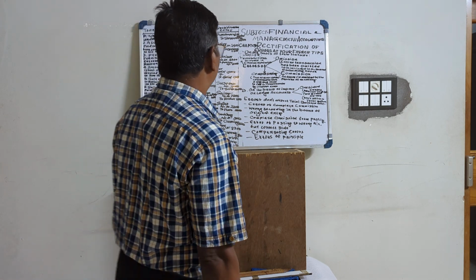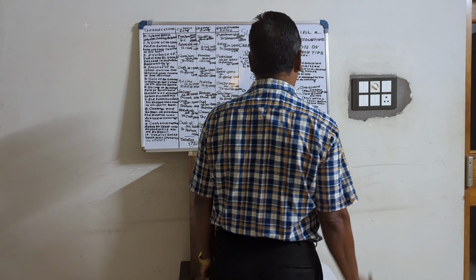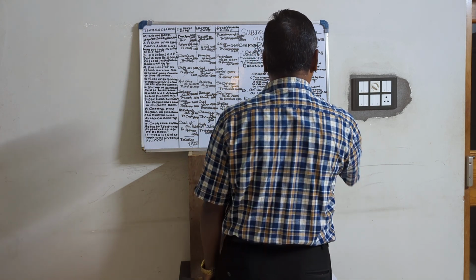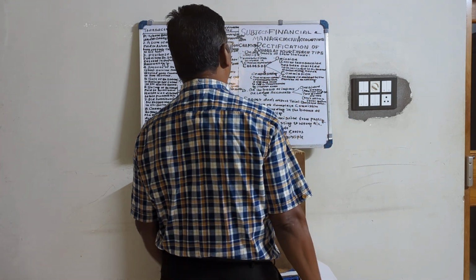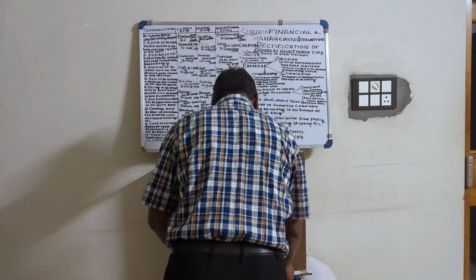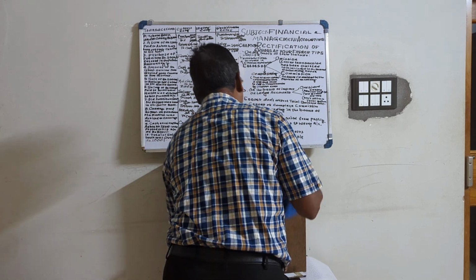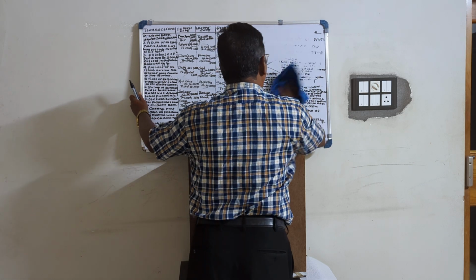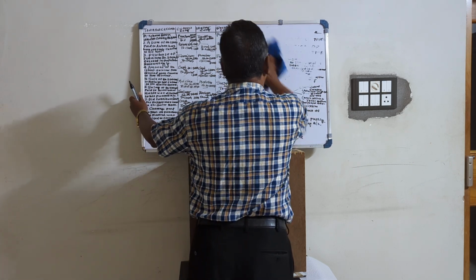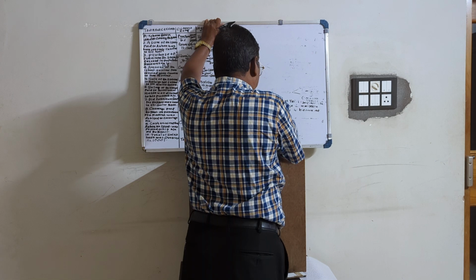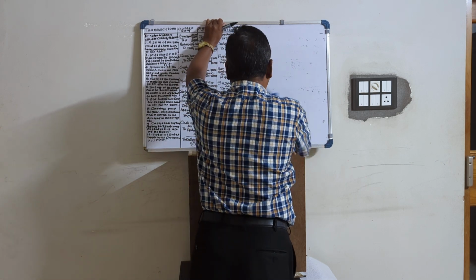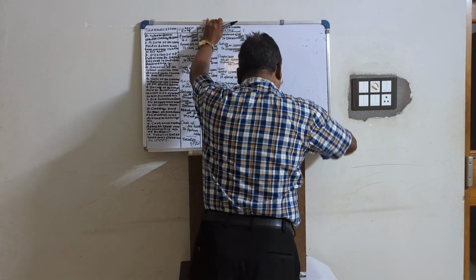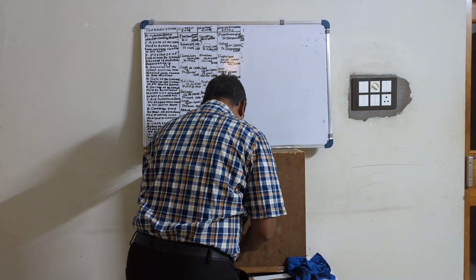Here see, on the basis of impact on ledger accounts, a one-sided error affects the trial balance, and a two-sided error does not affect the trial balance. Then we will prepare a suspense account. So this is the suspense account.